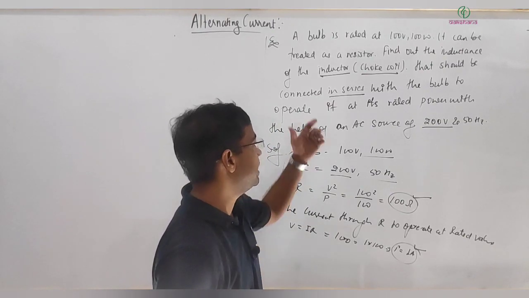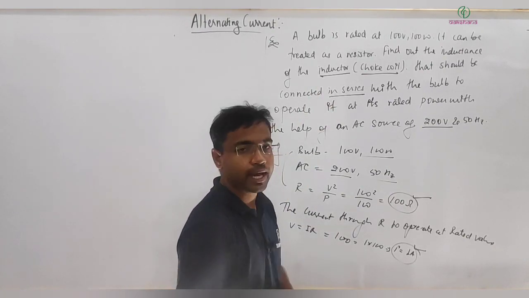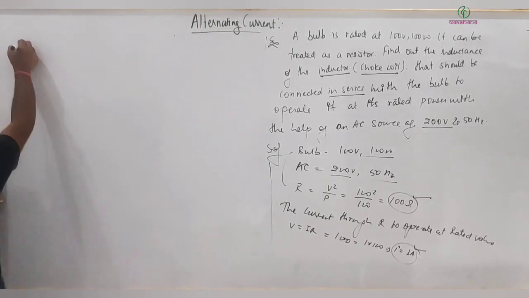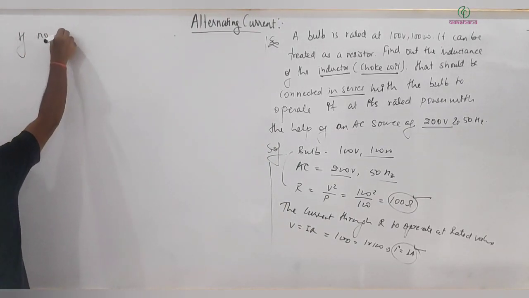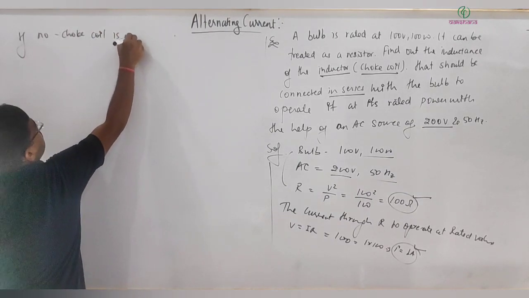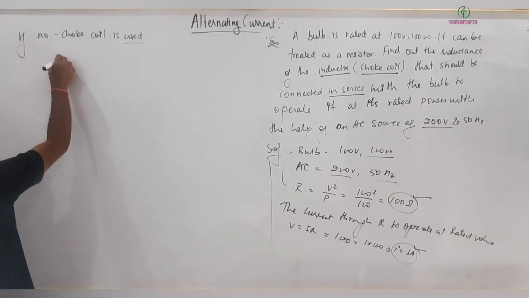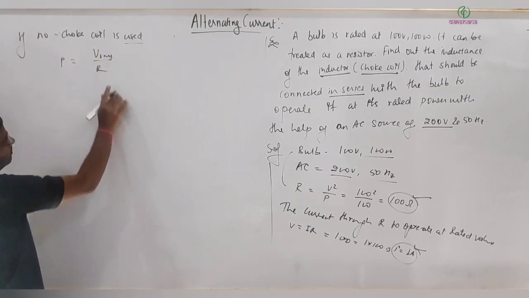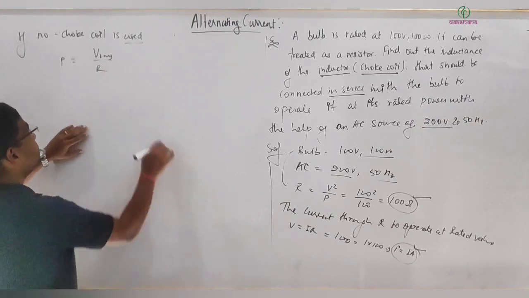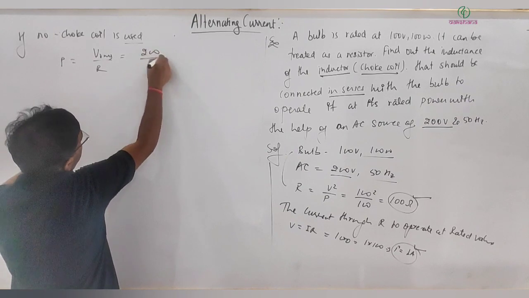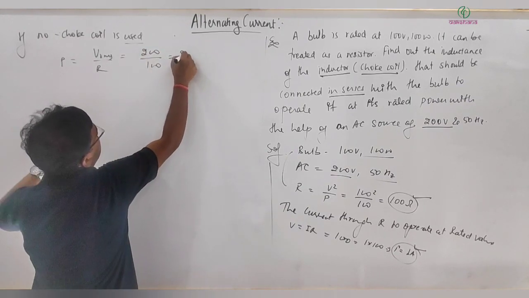Alright, let me check, if I am not using any inductor, then what is the actual current through it. If no coil is used, then I is equal to V RMS divided by R, because it's only a resistor. V RMS is 200 divided by 100, it will be 2 ampere.